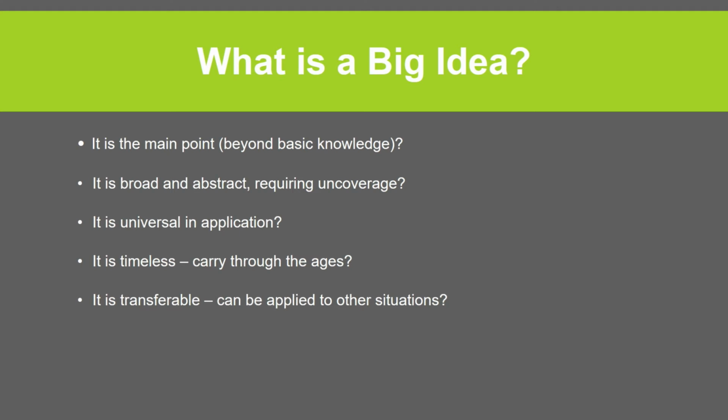Speaking of scale, it's broad and it's more abstract. So sometimes it requires you to uncover, or have "uncoverage," which really means you'll cover less information because you're trying to get students to think beyond just the content you're teaching in the course and help them see how this is relevant in the bigger picture.